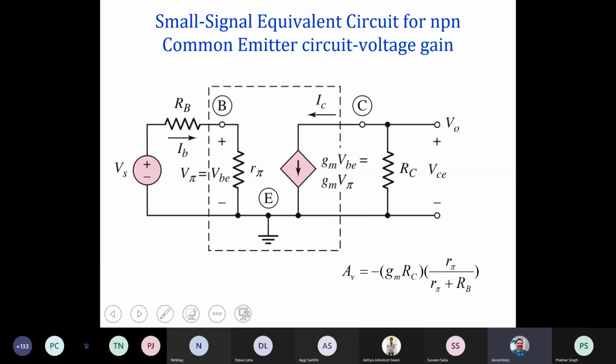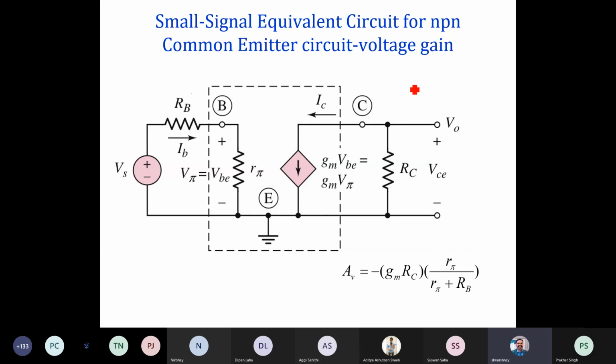So this is the circuit we can express. You can see in the dashed rectangular box the BJT represented in AC form, and now we have the additional components.